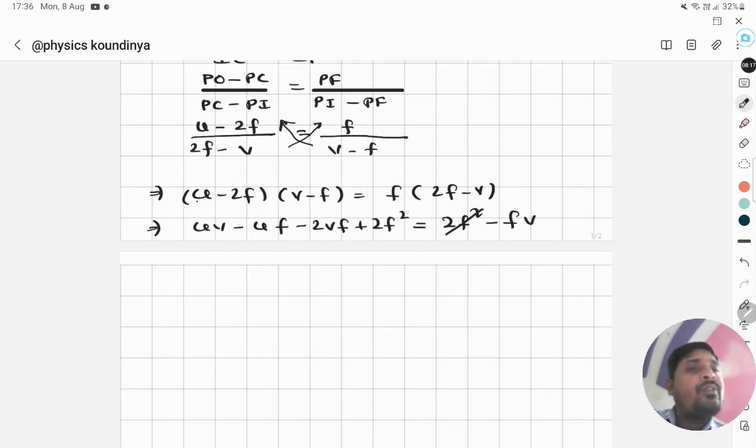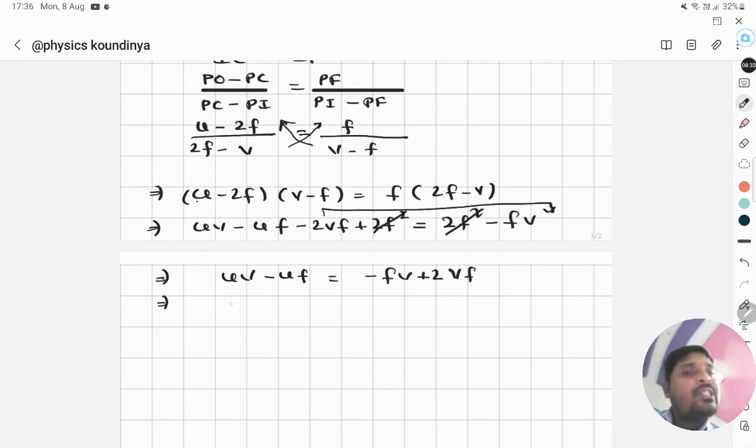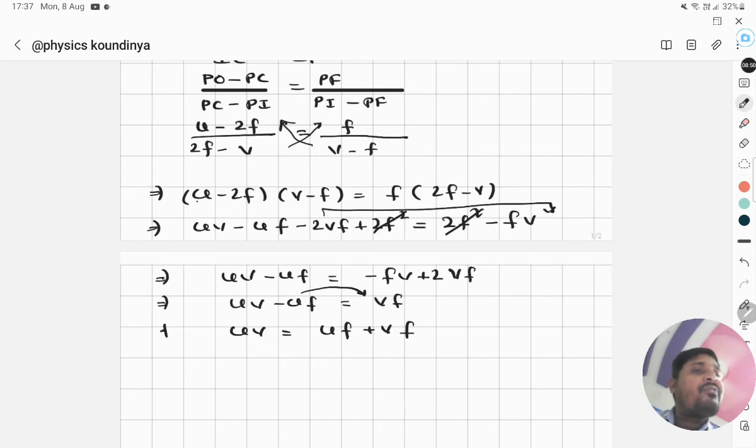So 2F square will be cancelled on both sides. We'll get UV minus UF equals, already minus FV is there. The transposition of minus 2VF will become plus 2VF. So UV minus UF equals VF, minus VF is going to become VF. So UV equals, the transposition of minus UF is going to become plus UF plus VF.